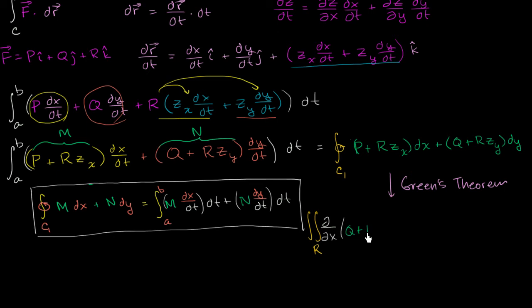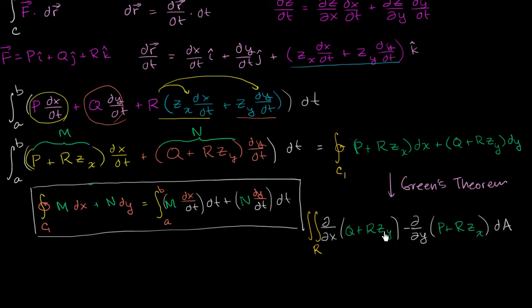Q plus r times the partial of z with respect to y, minus the partial with respect to y of P plus r times the partial of z with respect to x. And then dA, a little differential of our region.